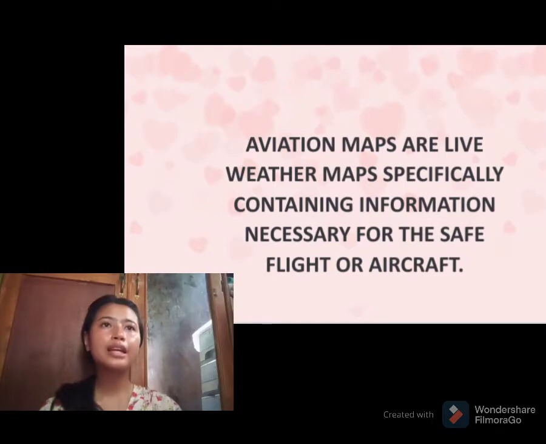So we can read the weather pressure maps: if it is high pressure, it is blue, and low pressure, it is red.